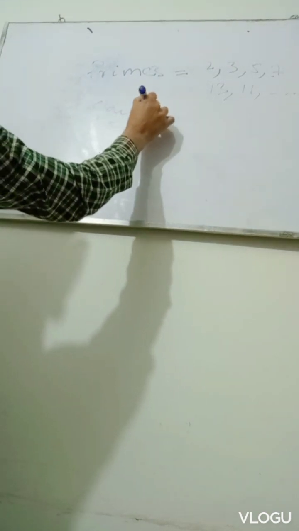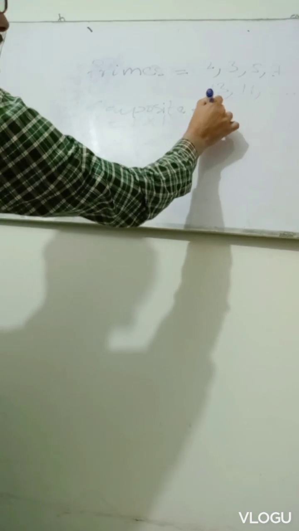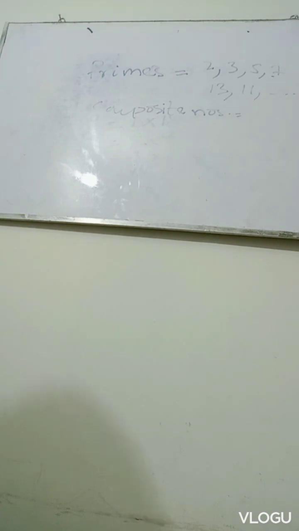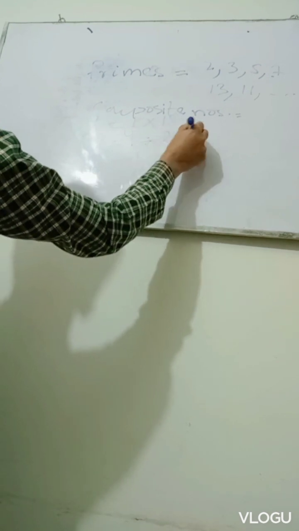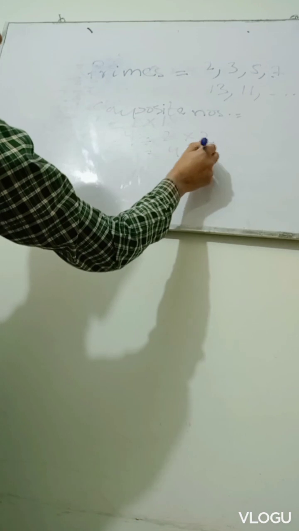Composite numbers are those whole numbers that have more than 2 different factors, like 4, 6, 8, 9, 10, 12, 14. Like 4 has 2 multiplied by 2, also 4 multiplied by 1.